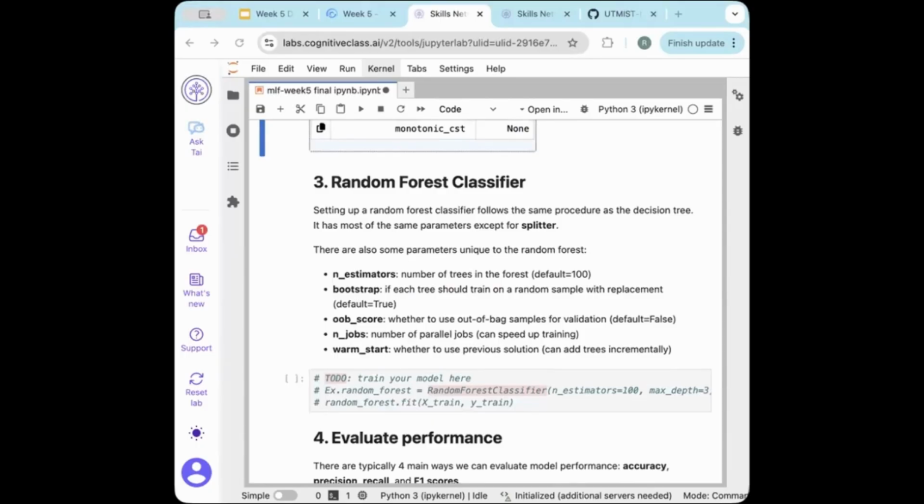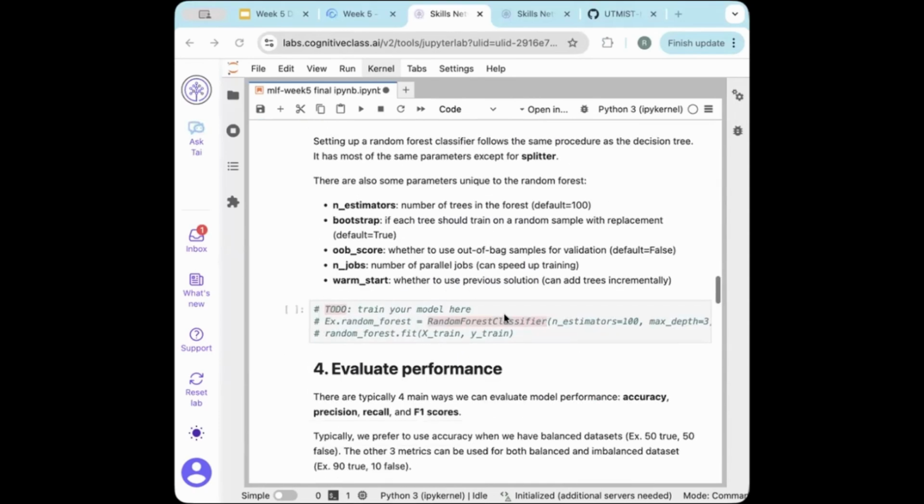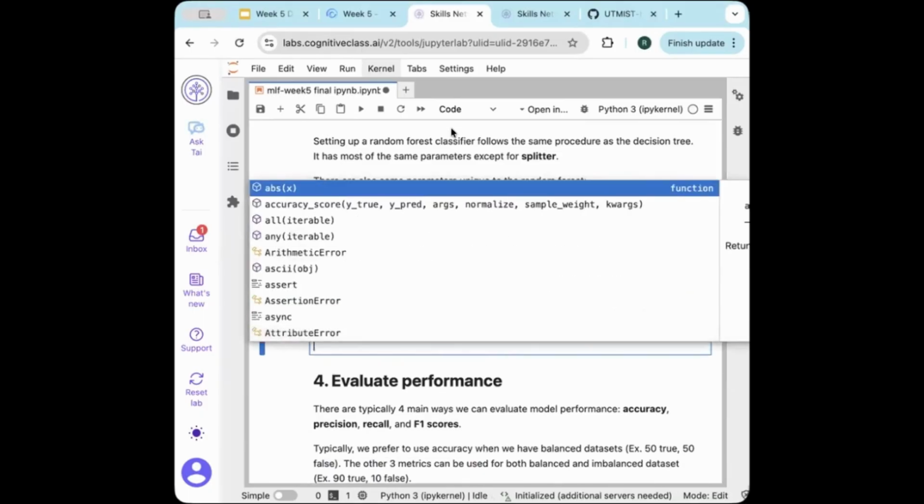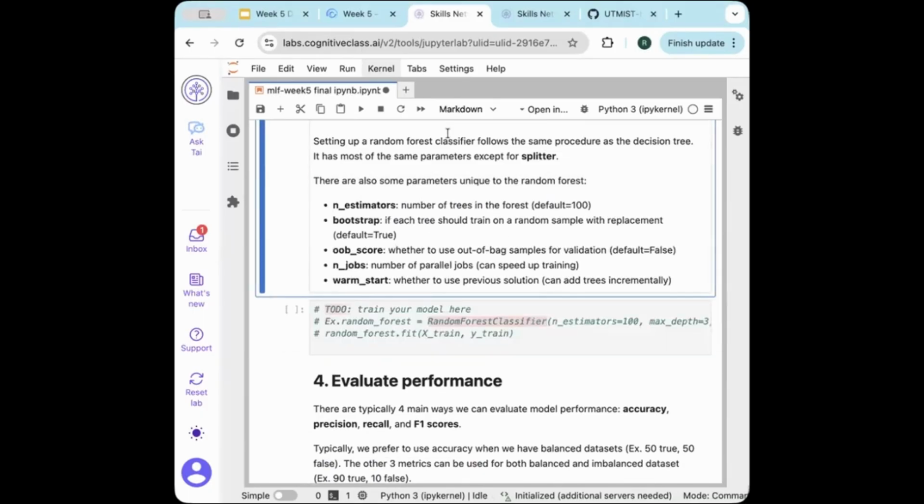Let's look at the random forest classifier now. We're going to do pretty much the same thing here, except now we are dealing with random forest. There are more parameters if you are curious. n_estimators is how many trees we're going to have in the forest. The default is 100, but we're going to use 200 trees.